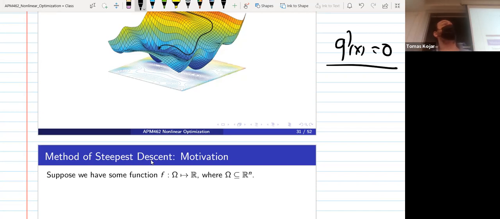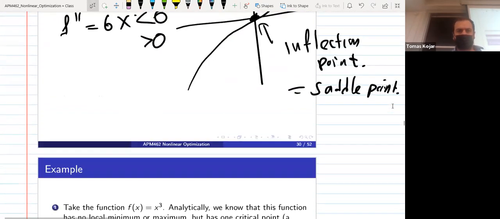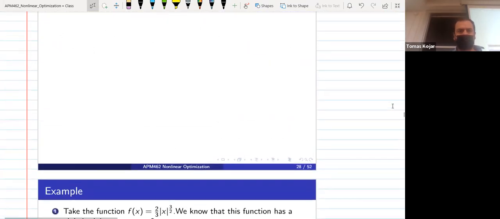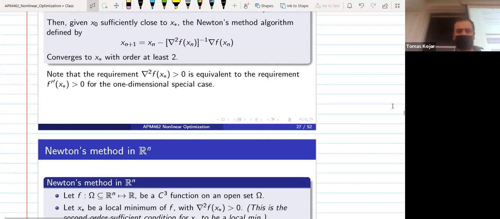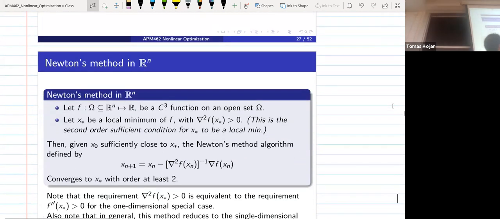Yeah, that's what we proved. If what? Yeah, because what was the condition? Yeah, so you have convexity.